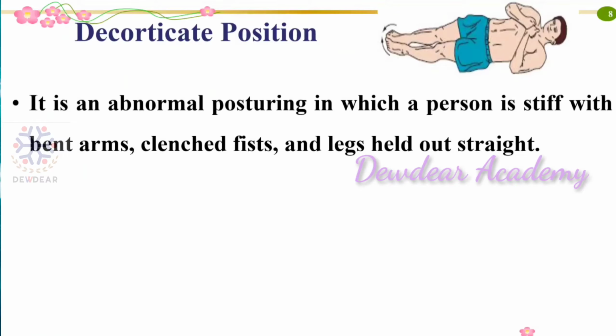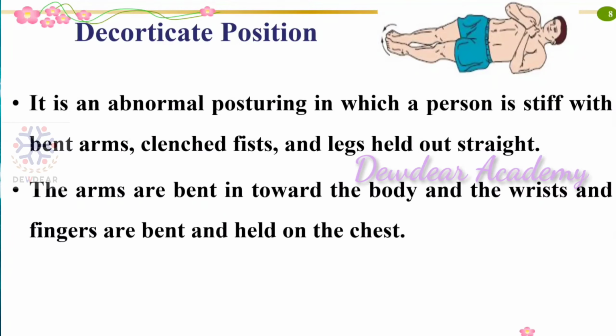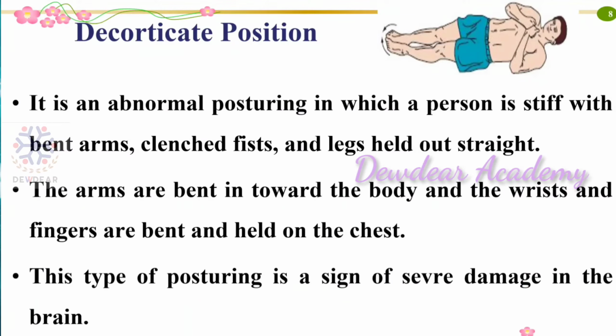It is an abnormal posturing in which a person is stiff with bent arms, clenched fist and legs held out straight. That means the arms are bent in towards the body and the wrist and fingers are bent and held on the chest. So this type of body posturing is a sign of severe damage in the brain. Next question.